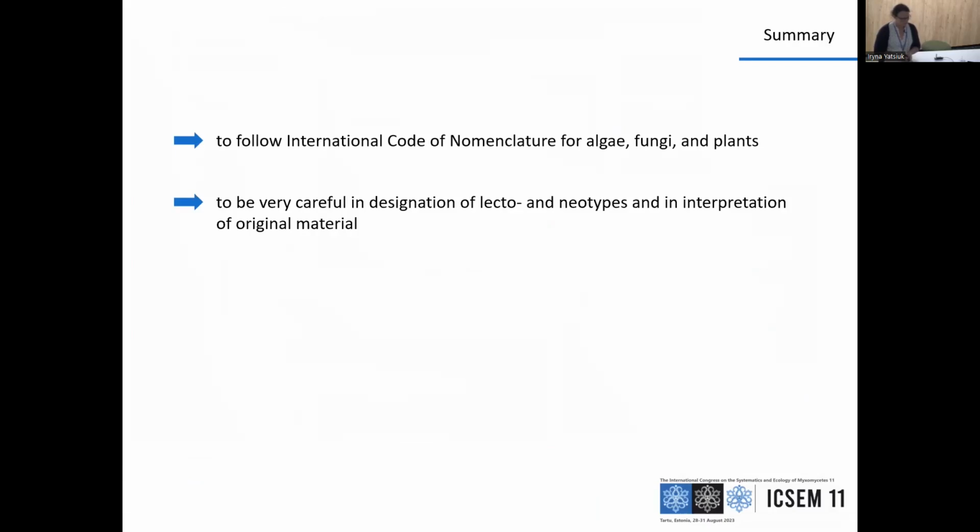So in summary, what is the most important in our phylogenetic studies? First, to follow the International Code of Nomenclature for algae, fungi, and plants, and follow all its rules. Then to be very careful in the designation of lectotypes and neotypes and in the interpretation of original material.